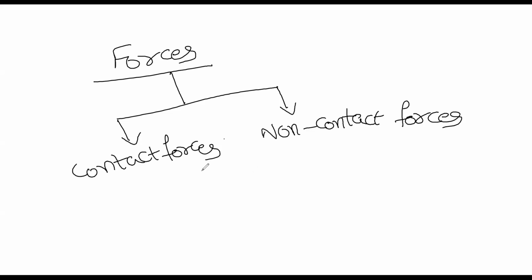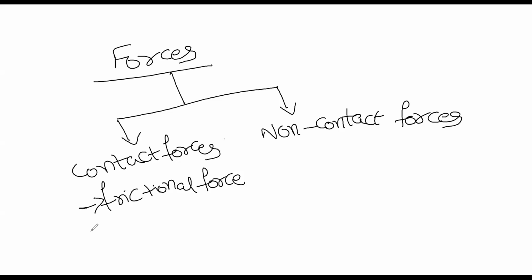Examples of contact forces. Till now we studied the normal and frictional force, the main thing. This is important, because in friction we have two types: static friction and kinetic friction. We'll study these forces in detail.